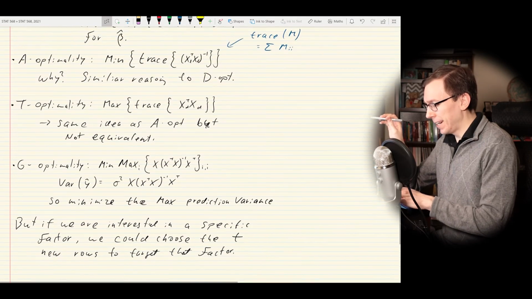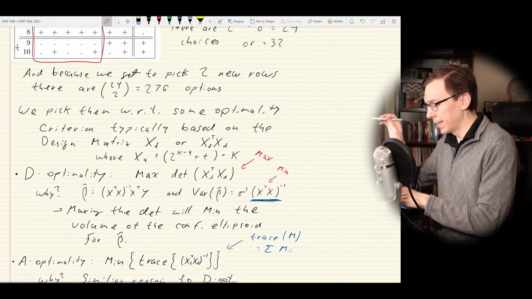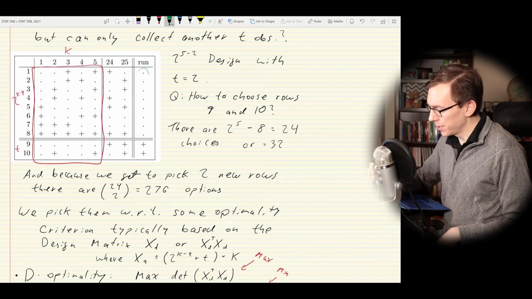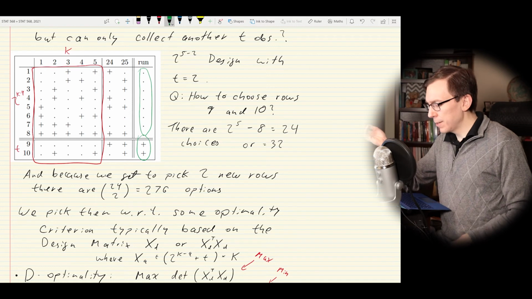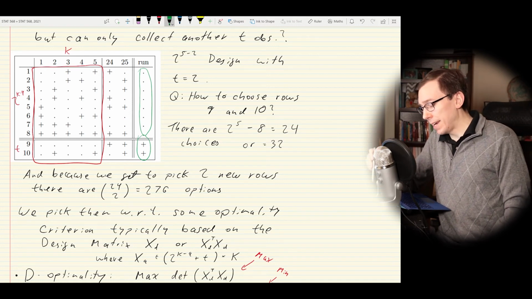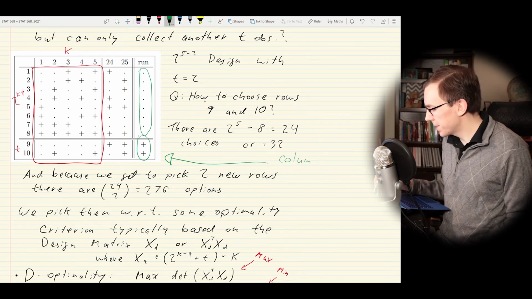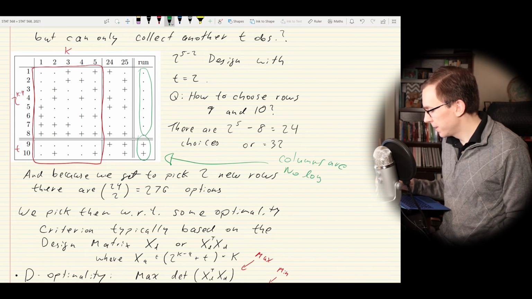But first, I did want to say one other thing that I realized I forgot to do up here. We also get a runs column. But one of the things we're going to note, and actually for all of the columns that I forgot to mention earlier, is that the columns are no longer balanced.